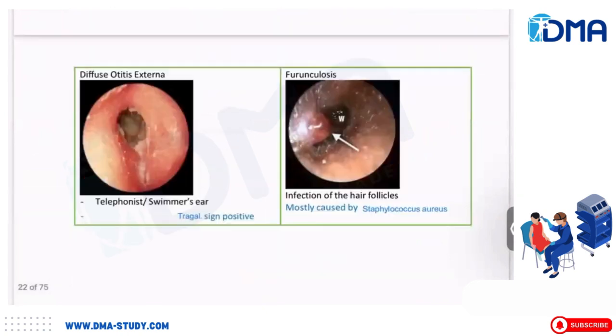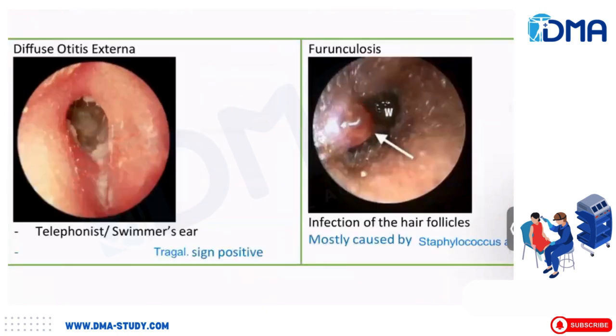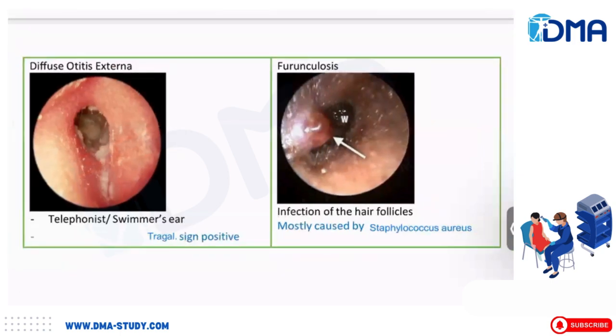Clear? Fine. Next important one, a patient is having diffuse edema over the external canal and severe pain and tragal sign positive. It is telephonist's ear or swimmer's ear or diffuse otitis externa. All are the same. A very important disease. Tragal sign positive, diffuse otitis externa. You should give antibiotics for treatment of this patient.